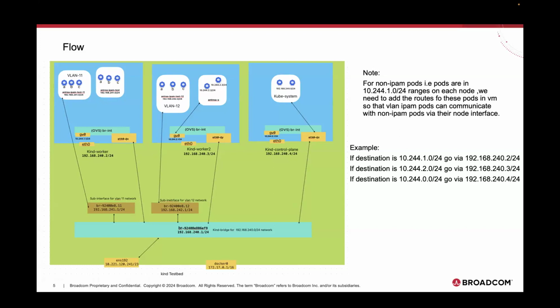So if the destination IP is in VLAN 11, it will go to the destination via the sub interface of VLAN 11. It doesn't hit any of the destinations listed here.